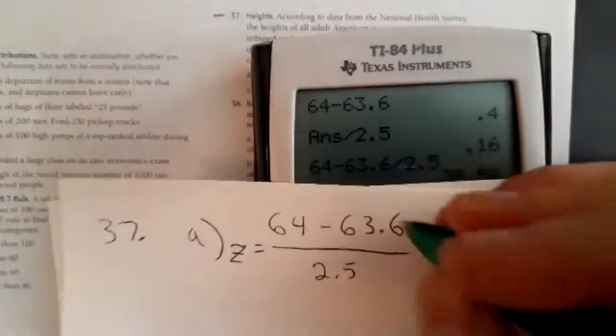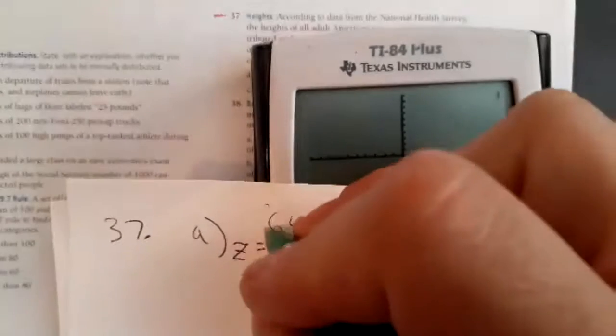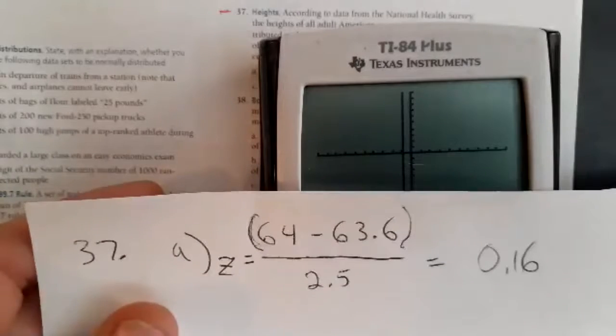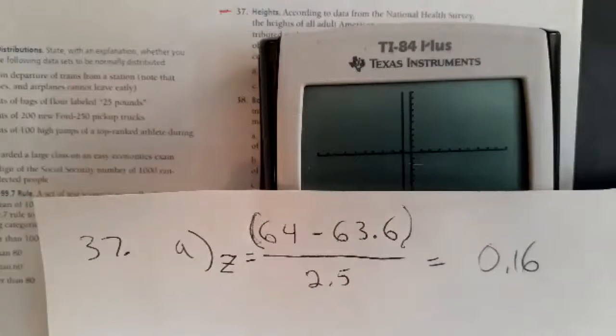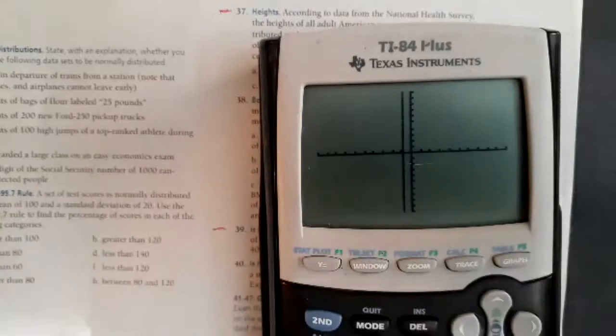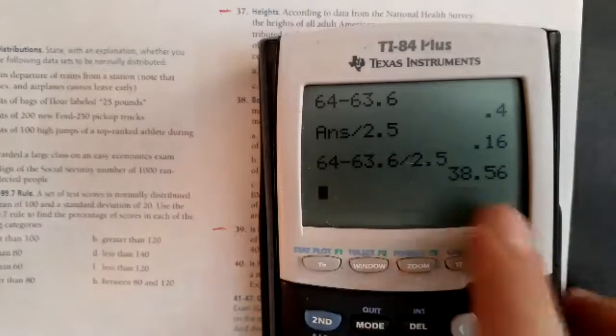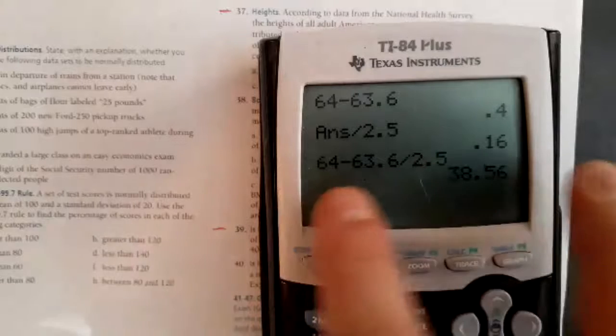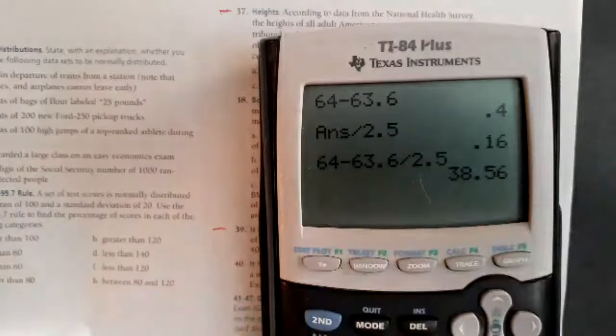We've got to do the subtraction before we do the division. Your calculator doesn't know all this stuff with order of operations. What it actually did was divide the 63.6 by 2.5 and then subtract. It did division before subtraction. So don't do that.